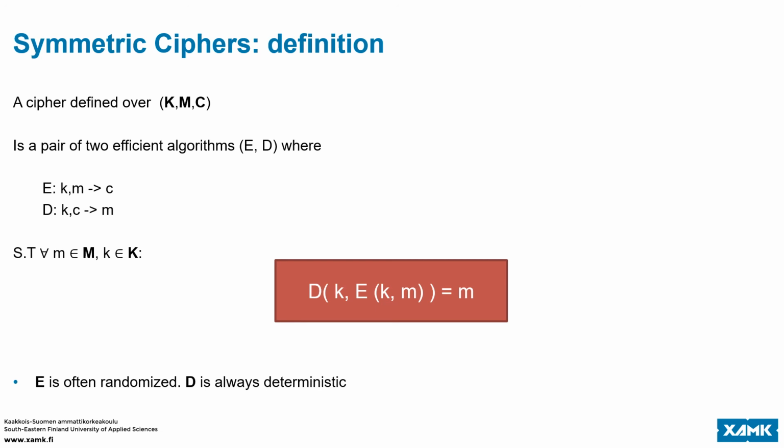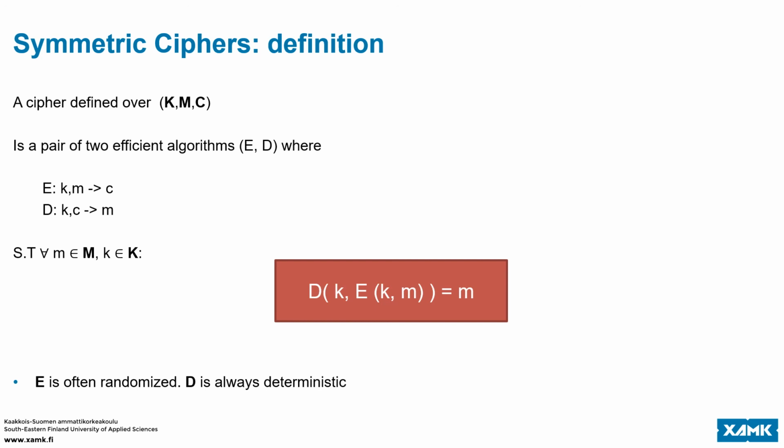So basically what this formula is saying is if you encrypt something using a key and then you decrypt the ciphertext using the same key, the original message better come out, because otherwise your cipher system is fundamentally flawed. You would not be able to decrypt your own secret messages.